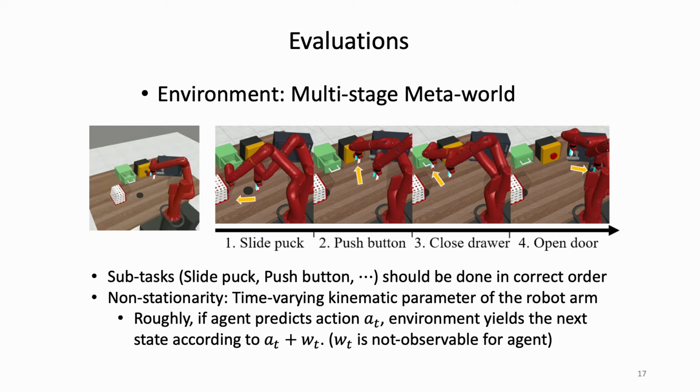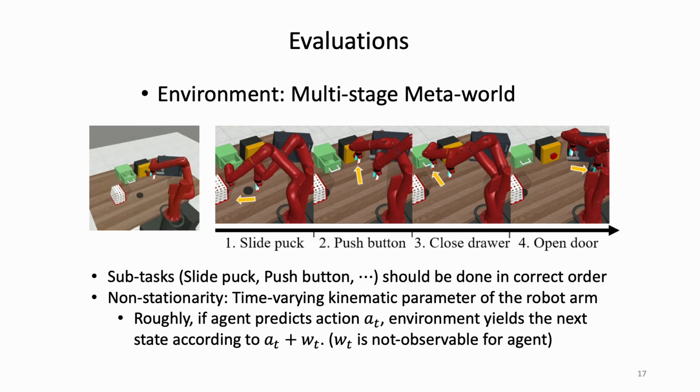To evaluate our framework, we created an environment called Multi-Stage Meta World. This environment is an adaptation of the well-known benchmark Meta World, and we created the multi-stage version for two main purposes.